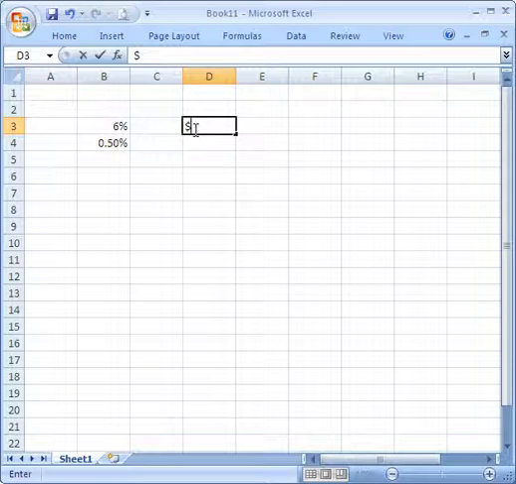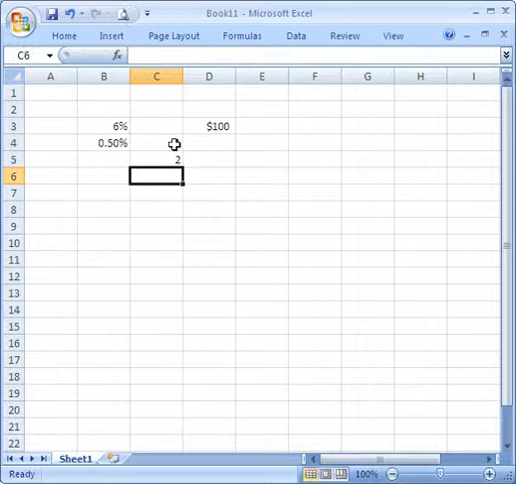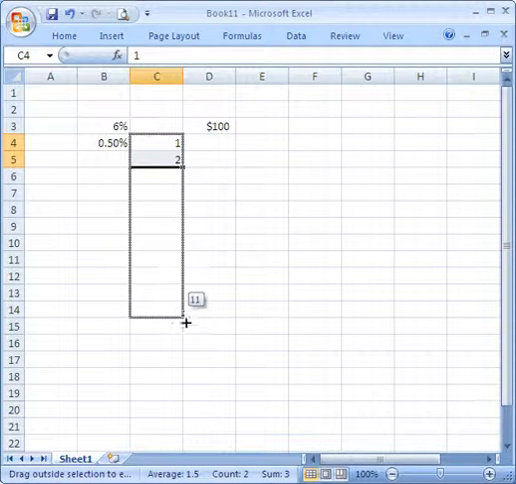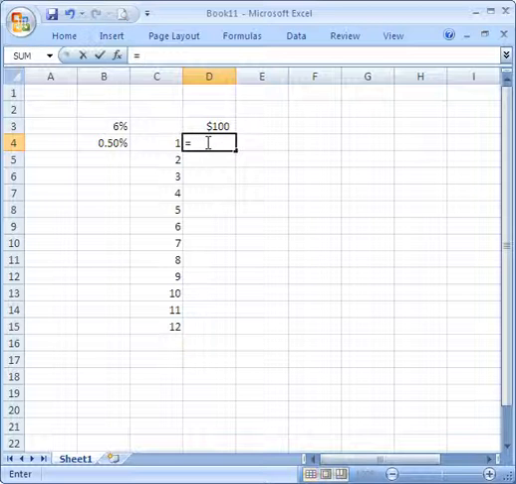Now we follow an easy round amount of money, $100, for 12 months. If the $100 increases each month at 0.5%, how much will it increase over the whole year?